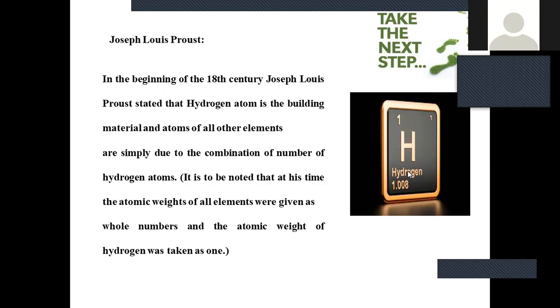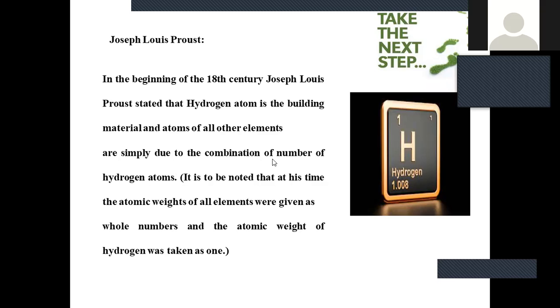Whatever materials or substances are available in the universe, all are made up of hydrogen only. Proust said that the hydrogen atom is the building material for all kinds of elements. Whatever element you take, to some extent hydrogen will be there. That kind of assumption he made.